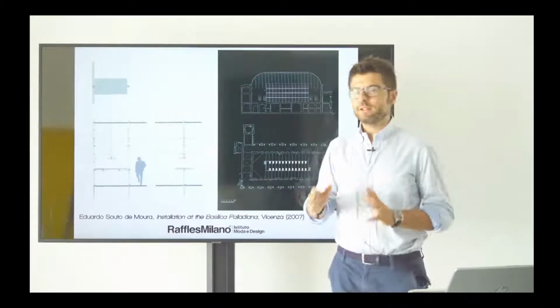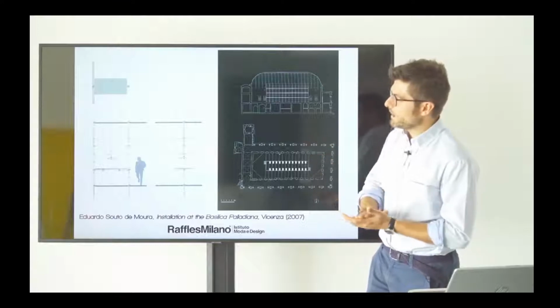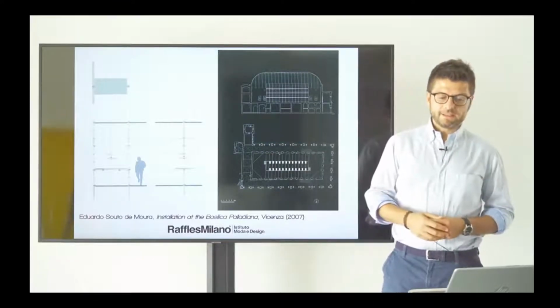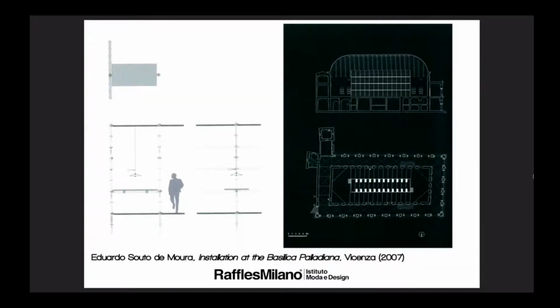Among the ones that were not built but remain only on the paper, there is the one by Eduardo Souto de Moura, Portuguese architect who designed an interior space that is quite interesting for a series of aspects. Let's start from the first keyword that I used at the beginning of the lesson, the keyword of the volume.